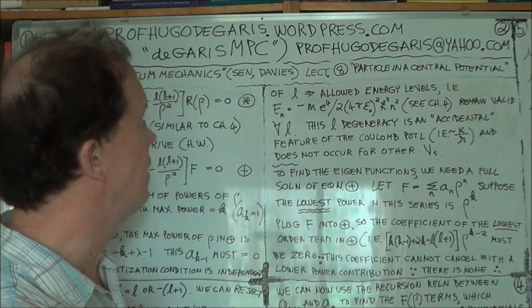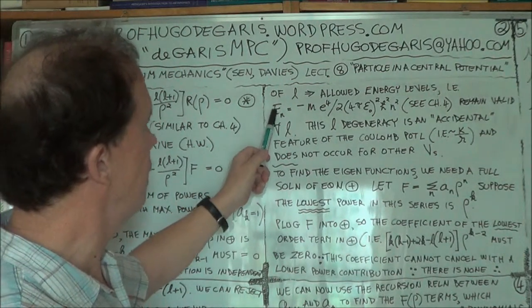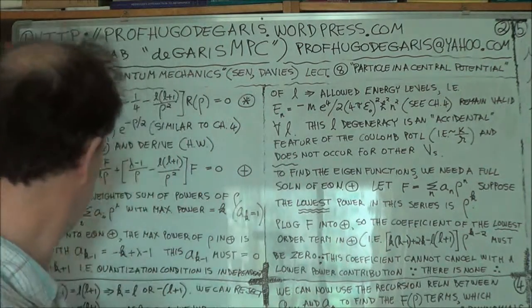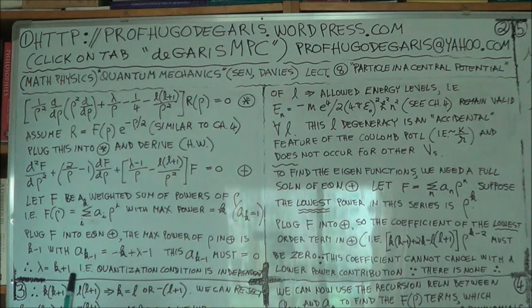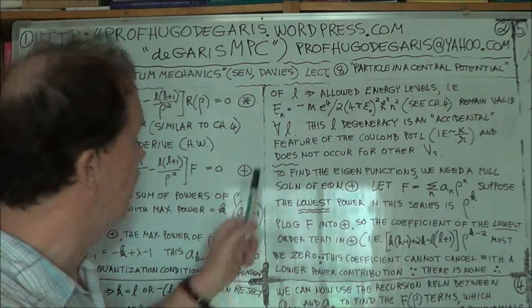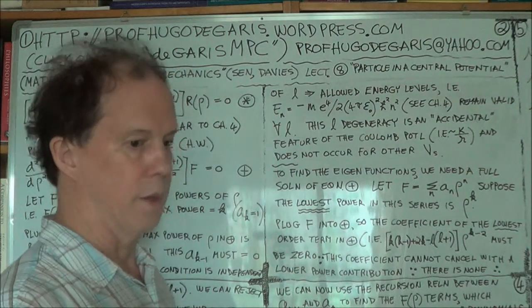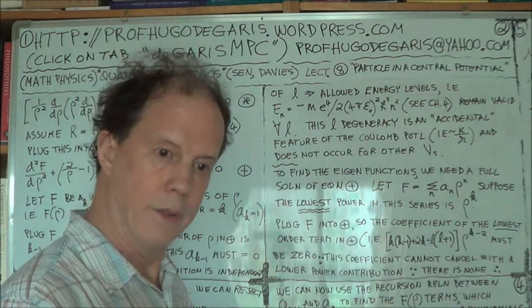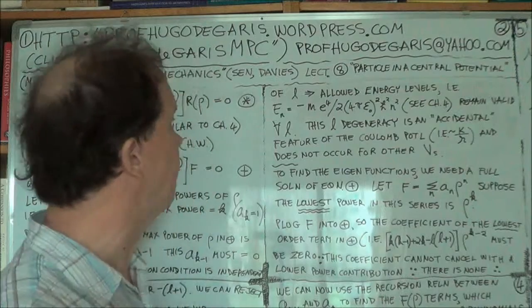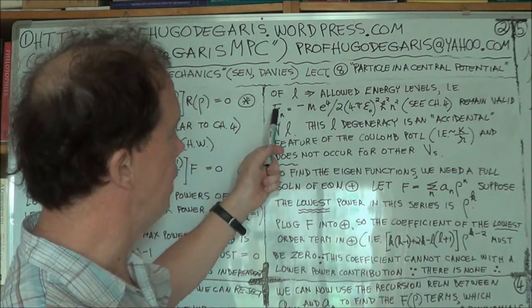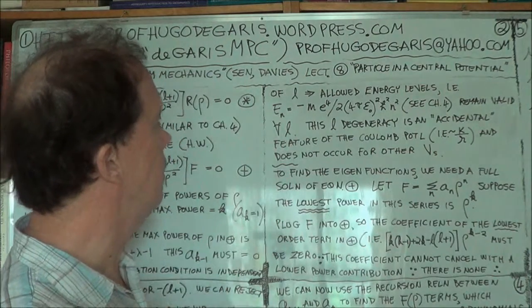So you have these eigenvalues for the energy for all values of L, because this lambda here is independent of L. And remember what L was? It's the allowed angular momentum, right? And this energy, the eigenvalues, are independent of L.